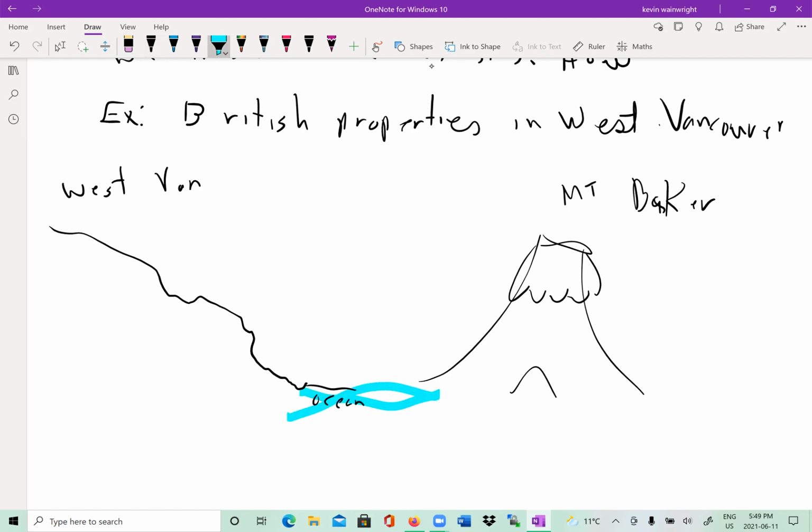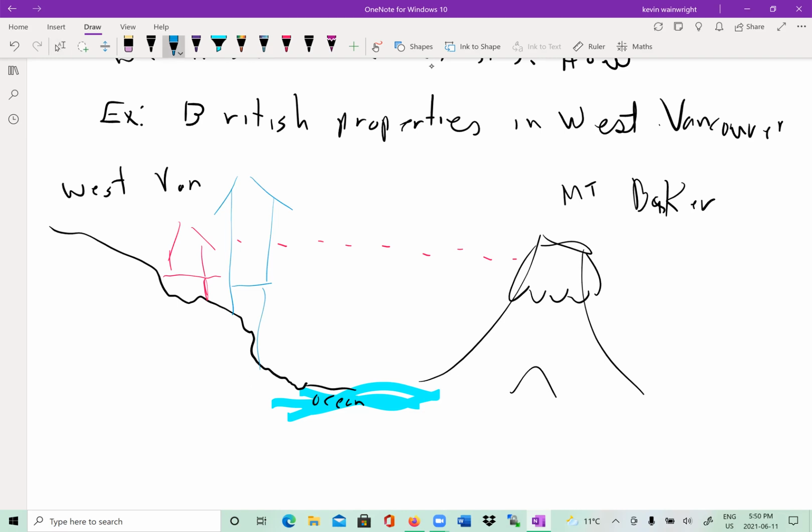So the ocean separates West Van through the Burrard Inlet from the rest of Vancouver. And on a clear day, I can build a house and I can have a view of Mount Baker. Unless somebody else comes along and builds an even bigger house in front of my house.